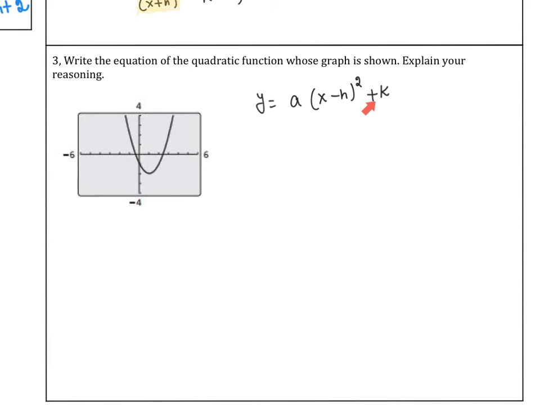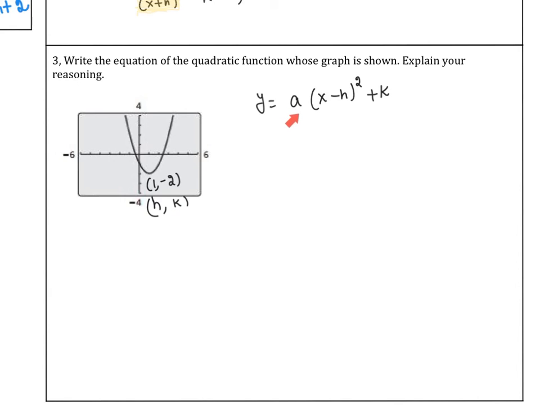H and k is the vertex, which means where the parabola starts. So this point right here is going to be your vertex point. We need to figure out what this point is. It looks like this point is 1 comma negative 2. So this vertex is 1 comma negative 2, which means that we found the h and k.